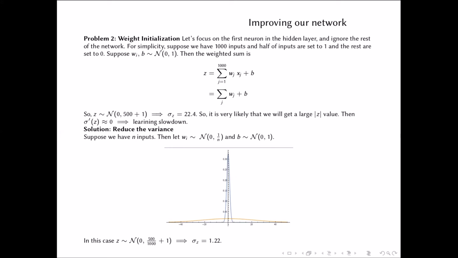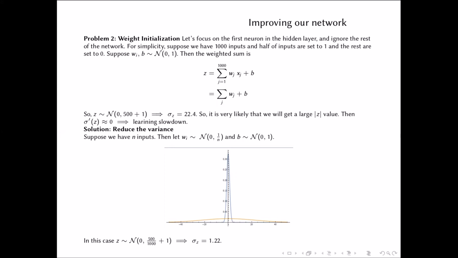The solution is pretty straightforward. We just need to reduce the variance. Suppose we have n inputs. We generate the weights from the normal distribution with mean 0 and variance 1 over n. For all these weights, we just have one bias, adding 1 here, so this one doesn't really matter, and the bias still comes from the standard normal distribution.